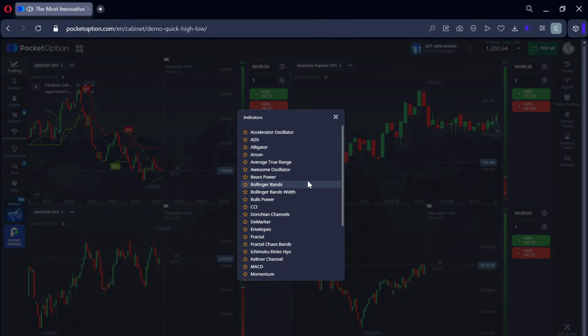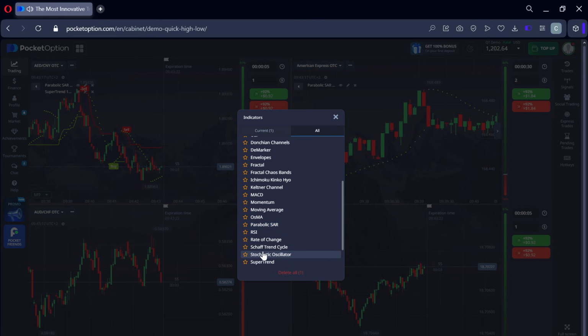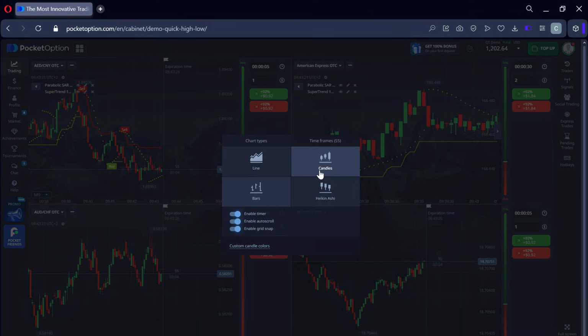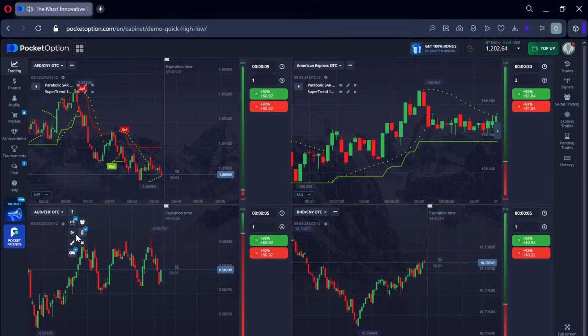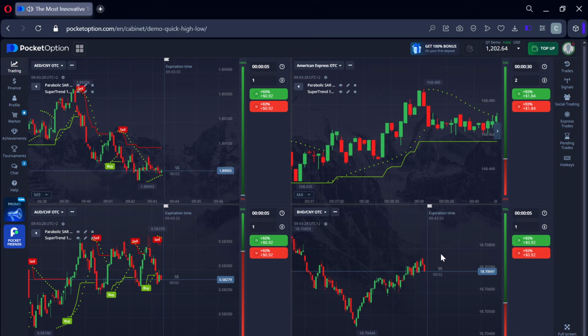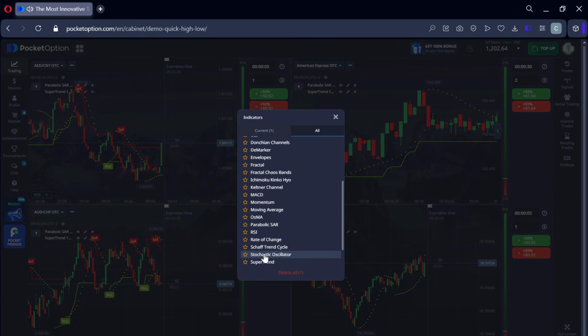Make sure that they all have parabolic SAR and super trend. So let's do that real quick before we move on. Here we go. Halfway there. And then we're just going to adjust one last thing after this. So parabolic SAR and super trend. And then finally, we've got parabolic SAR and super trend one last time.